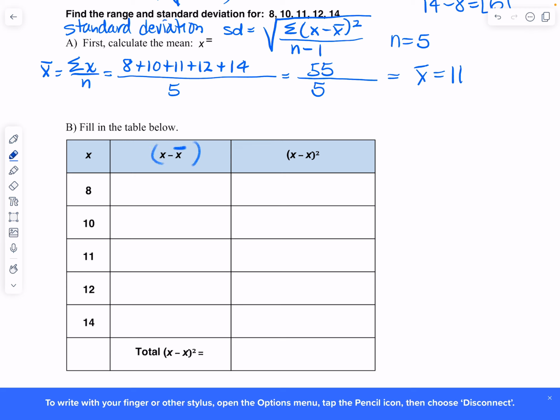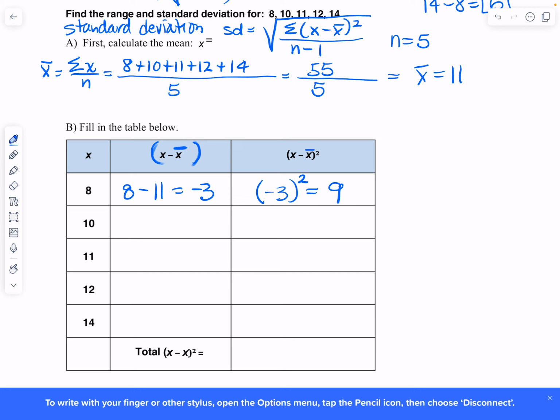So what we're going to do is take 8, which is a data point, minus the mean, which we found was 11. And 8 minus 11 is negative 3. Now, your next column, you're going to take x minus x bar, which we got negative 3, and square that value. So negative 3 squared means negative 3 times negative 3, which is positive 9.